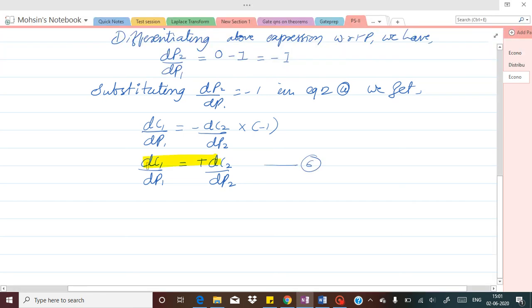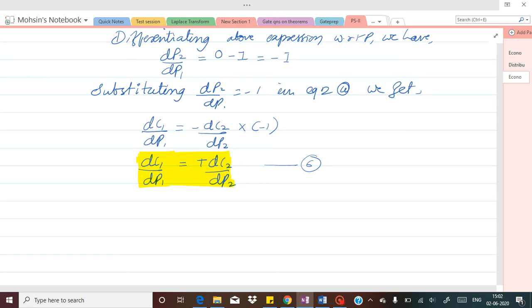This equation 6 is a very important relationship between the two incremental costs. What it says is that for the economic operation of a plant consisting of two units, the incremental cost of both the units should be equal. Then only the overall plant operation will be economical.